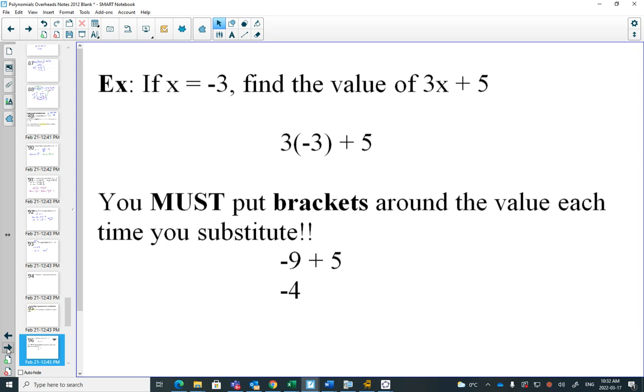Negative 9. And then negative 9 plus 5, order of operations, you would get negative 4. So when we substitute it in, we put it inside brackets because it was originally 3 times x, so you need to show that now it's 3 times negative 3.